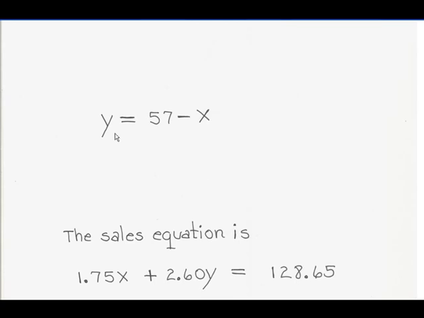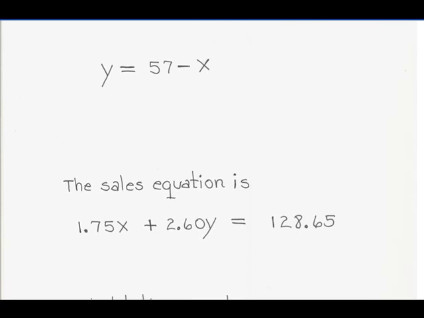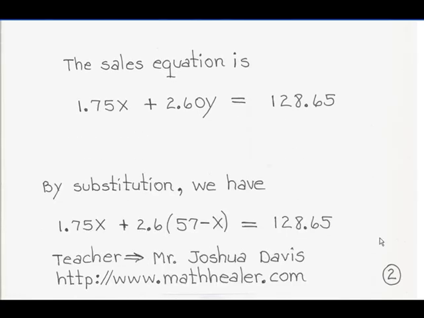So yes, we're going to use this expression and substitute that in place of Y so we can get an equation in one variable. So here's the result of substituting 57 minus X in place of Y. Well, now we have an equation all in one variable, which will allow us to easily solve this equation.